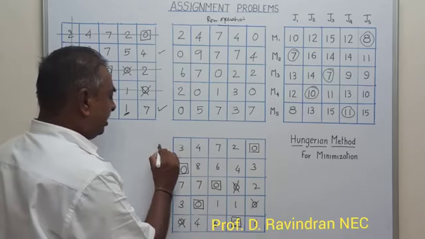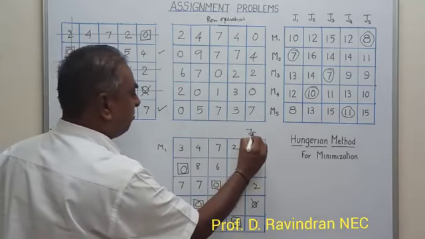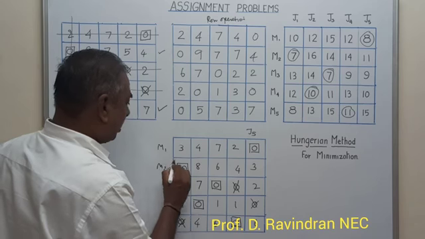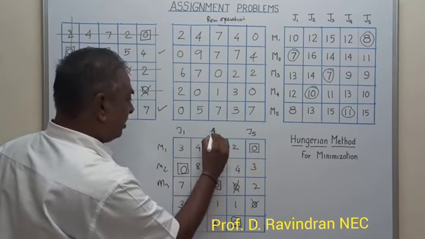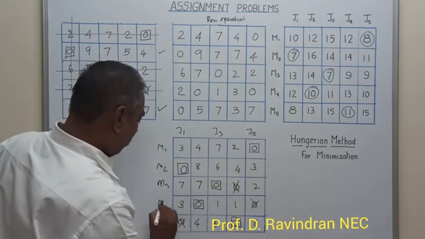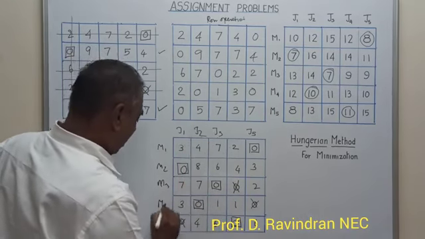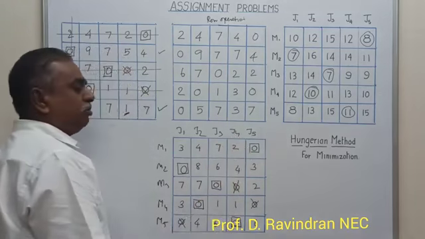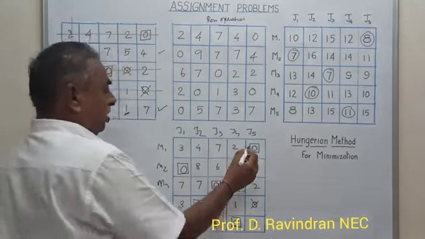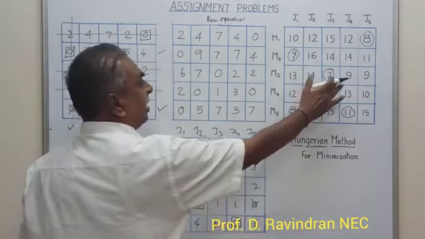Now this indicates that M1 is allotted to the J5 job, M2 is allotted to the J1 job, M3 is allotted to the J3 job, M4 is allotted to the J2 job, and M5 is allotted to the J4 job, so as to minimize the cost. Now the total minimization cost can be taken from this.